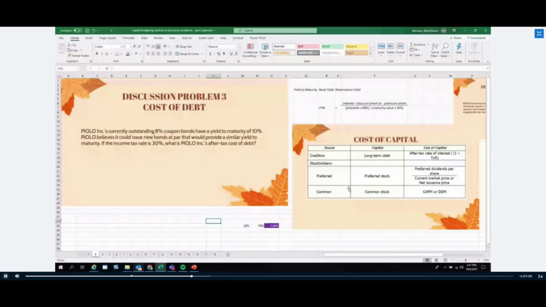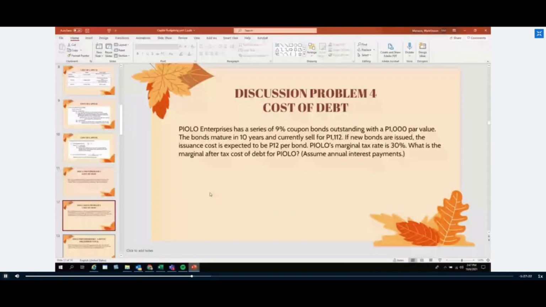Okay, so next, we have problem number 4, still in cost of debt, para at least mas strengthen pa yung understanding. Piolo Enterprises has a series of 9% coupon bonds outstanding with a 1,000 pesos par value. The bonds mature in 10 years and currently sell for 1,112.